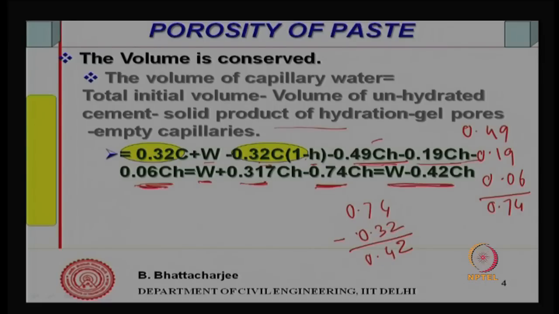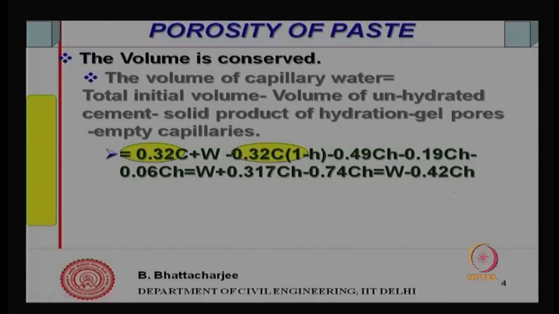So, I get the volume of empty capillaries as W minus 0.42 CH, because this will cancel out together with this. What is left is W, and minus this minus and this minus make it plus, and the rest of the terms sum up to 0.74. So, in total I will get W minus 0.42 CH.